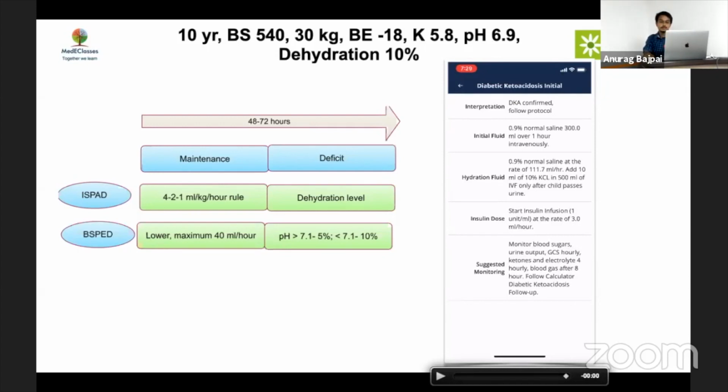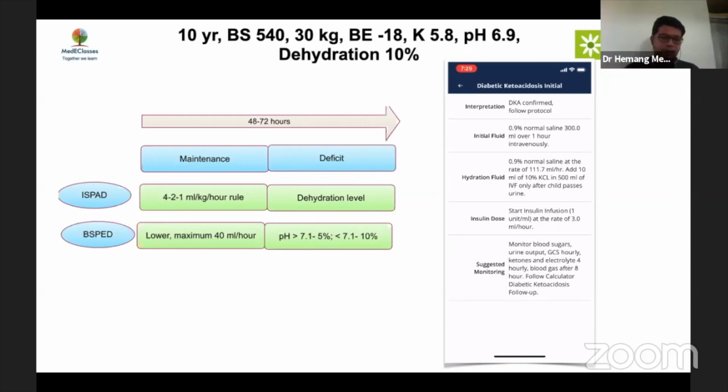So, Hemang, why are we putting so many parameters in the beginning? What do they help us with? Each parameter, can you please explain? What does pH help with? What does potassium help with? Yes, sir. If we talk about each and every aspect, the main thing is whether these parameters put the child at risk of cerebral edema, and if the child is at risk of cerebral edema, we need to have a gradual correction over 72 hours.